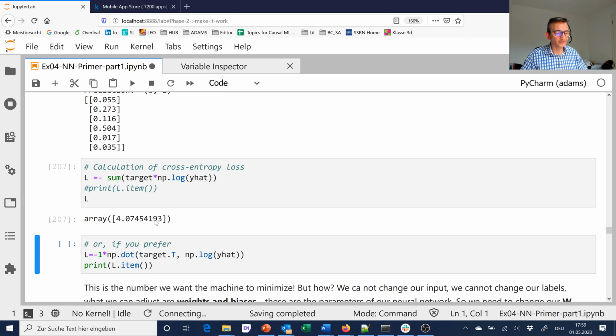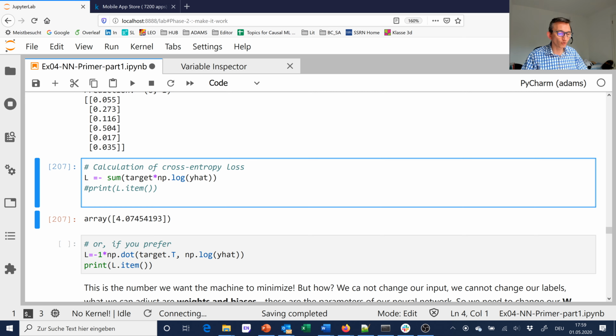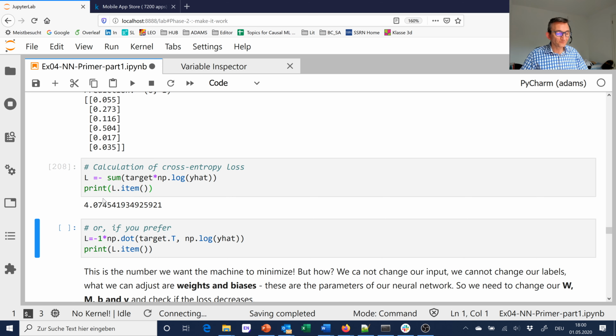L by default is stored as an array, although it's actually a scalar value. It's always an array in NumPy, but I can pull out the scalar value using item. And that would be basically the quantity that we need to minimize when we want to improve our forecasts and when we want to train our neural network.